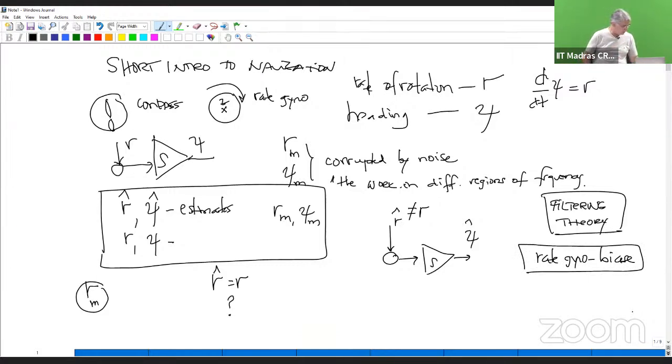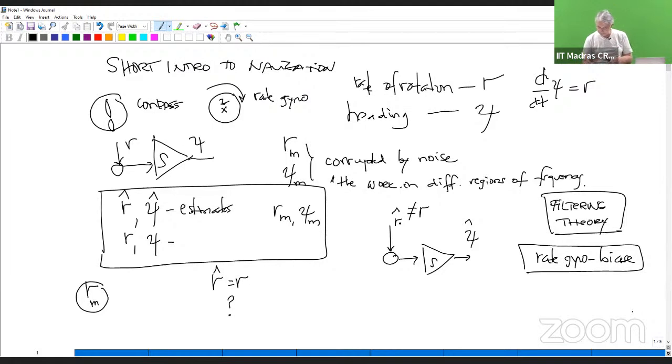If you have a rate gyro that you put here and you are not rotating, or you think you are not rotating, the rate gyro is going to give you a rate of turn for many reasons. Remember, for example, that even if you have an extremely good rate gyro, leaving aside other considerations, Earth is spinning, so it's rotating. Even though you don't perceive it, there's going to be a bias.